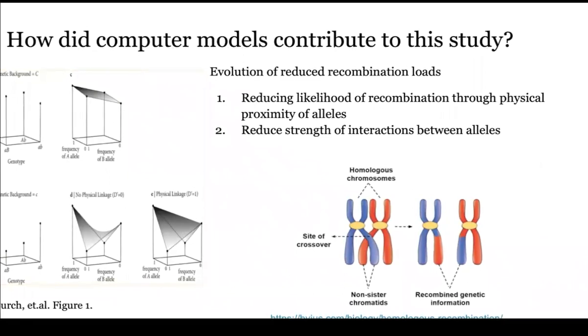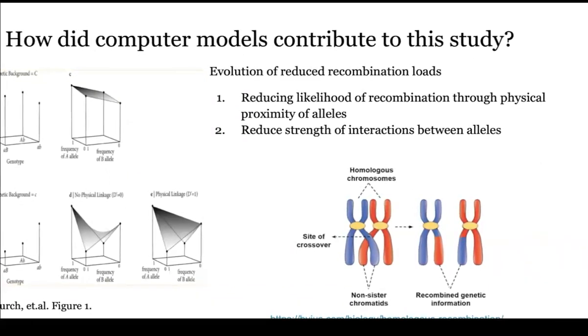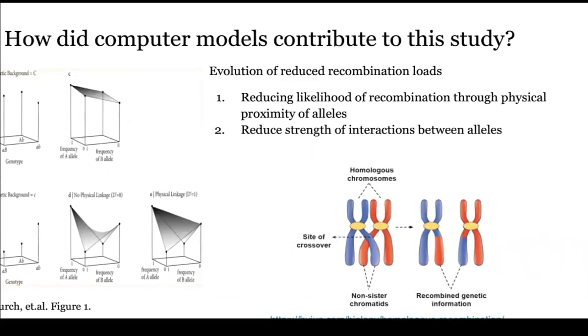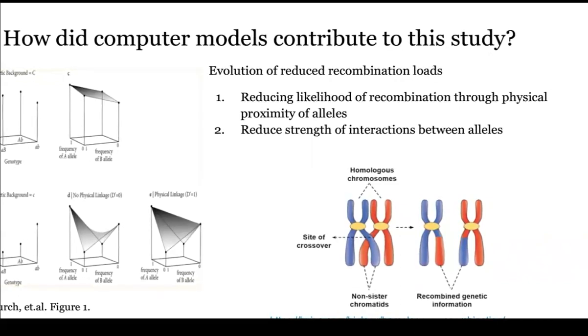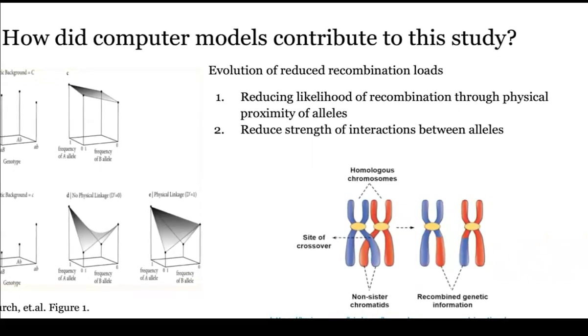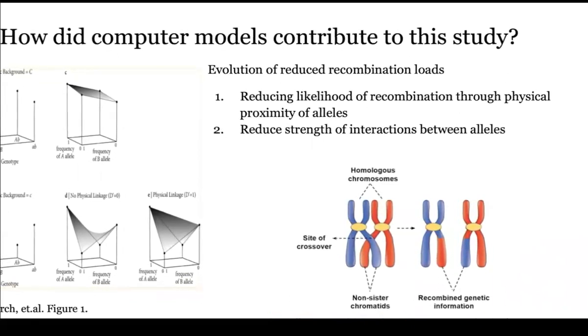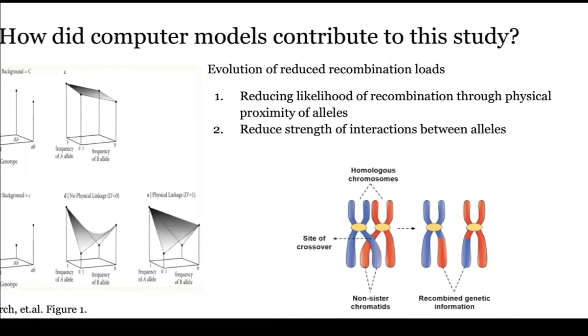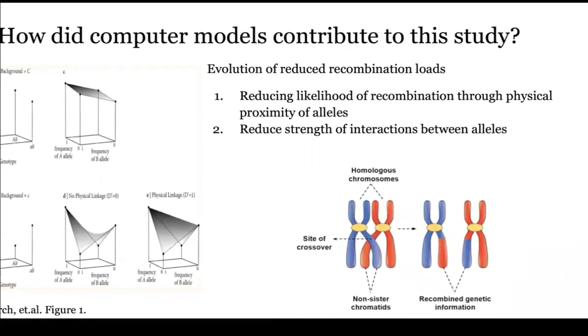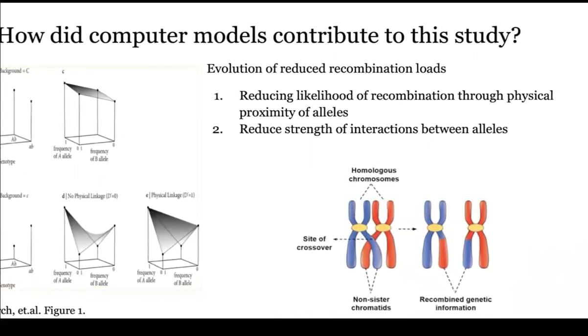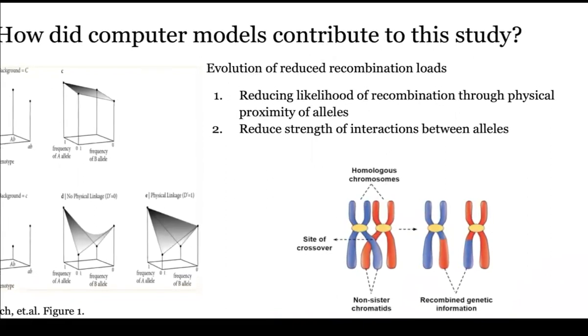The researchers noted that these computer models suggest populations could evolve to resist creating offspring that are less fit via two ways: reducing the likelihood of recombination events by physically bringing together interacting alleles, or by reducing the strength of the interactions between alleles, making the loci of these alleles more independent of one another.